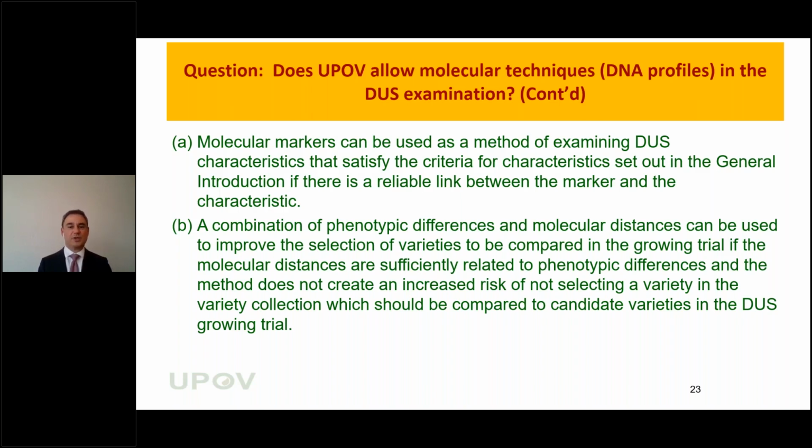The two models previously explained. The first, when you know there's a reliable link between the presence of a marker and expression of a phenotypical characteristic. And the second model, combining phenotypic and molecular distances to reduce the size of the growing trial.